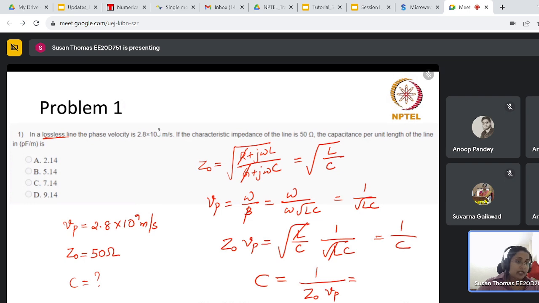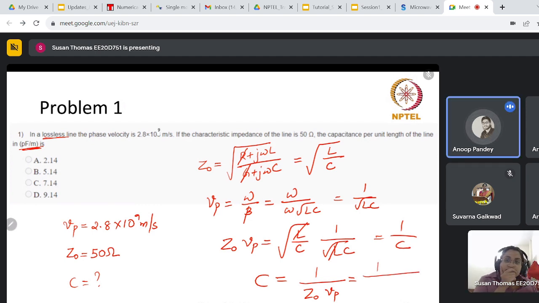Remember, the capacitance unit is picofarad per meter. 7.14. Okay, picofarad, so option C. Yes, option C is the right option.